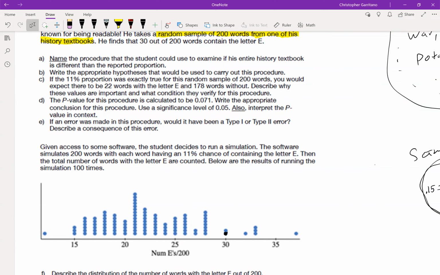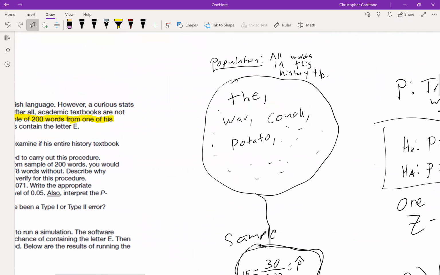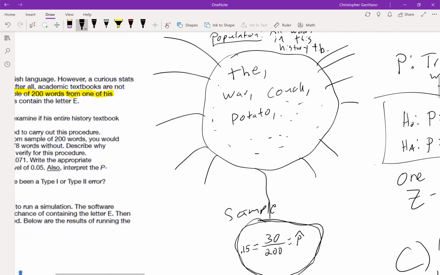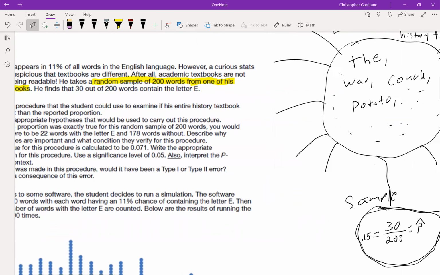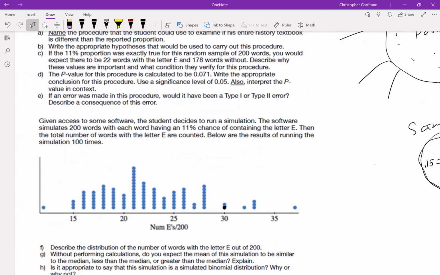But then this person told the computer to do the same thing 100 times total. So basically what the computer is doing is it's diving into this population and it's pulling out random sample, random sample, random sample, random sample, random sample. And it's doing that a total of 100 times. For each time, it's counting the number of words that contain the letter E out of 200. And for each time, it's placing a dot on this dot plot.